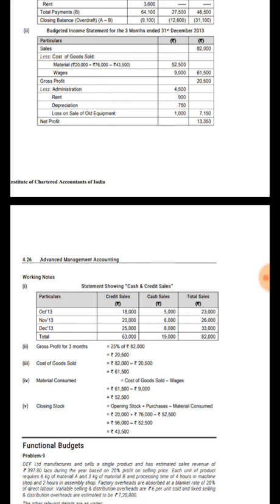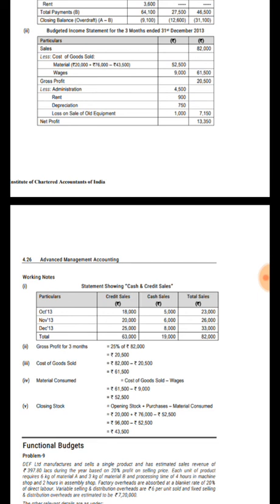Cost of goods sold. Cost of goods sold is nothing but sales minus gross profit. So gross profit, to find out 25% of sales, that is 20,500. If you reduce gross profit from sales, you'll get cost of goods sold. So that is coming 61,500. But the 61,500 includes cost of whatever goods you are selling.